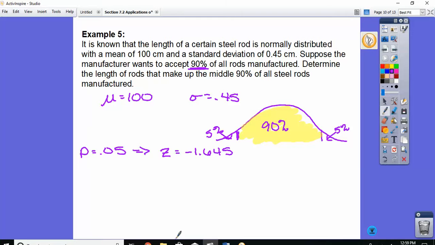Okay. So in this scenario, can we find the length that goes with this? So Z equals x minus mu over sigma. So my Z, negative 1.645, equals the x I don't know, minus 100 over 0.45.